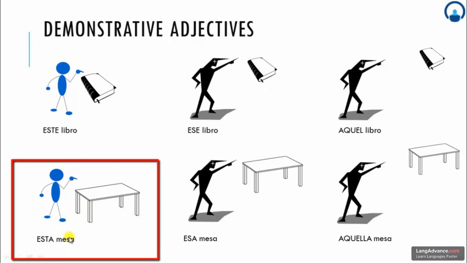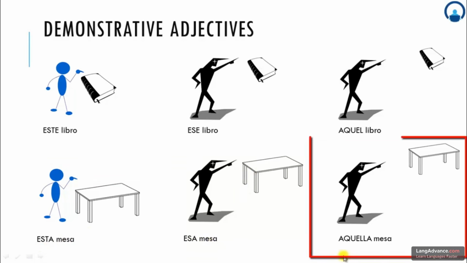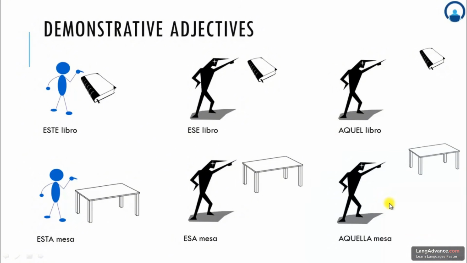Similarly with the feminine, esta mesa, mesa means table, esta mesa means this table, esa mesa means that table, and aquella mesa means that table which is farther, far more the distance than any of them. Now that we have learned the demonstrative adjectives, it's time to test what we have learned.